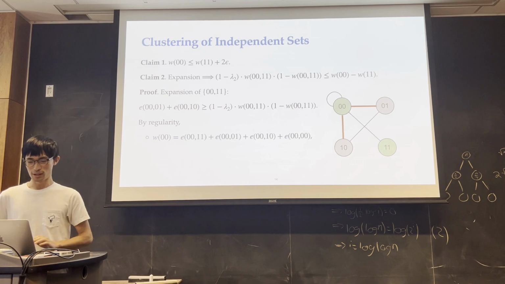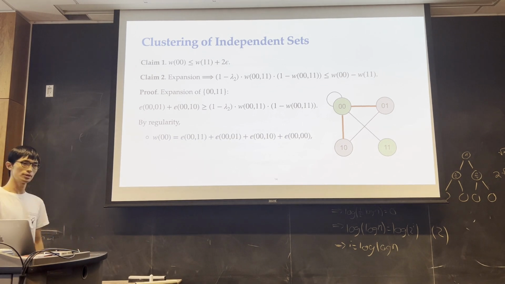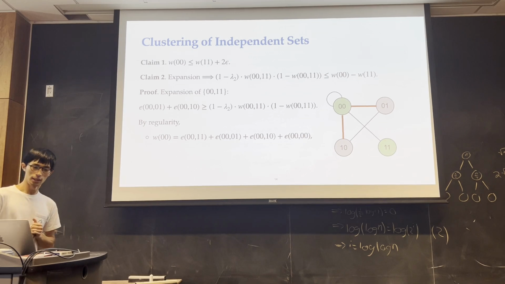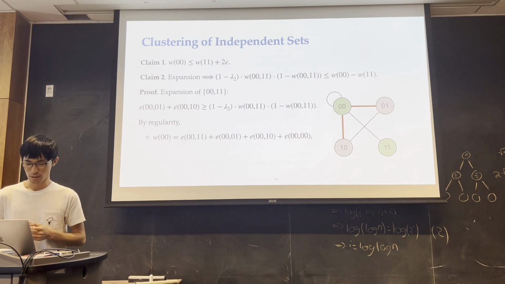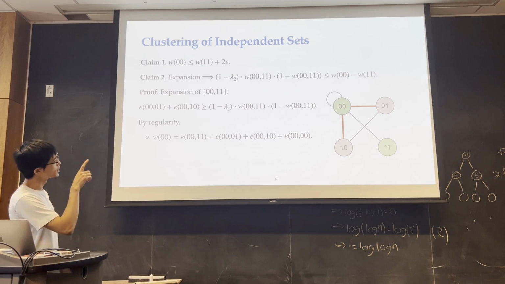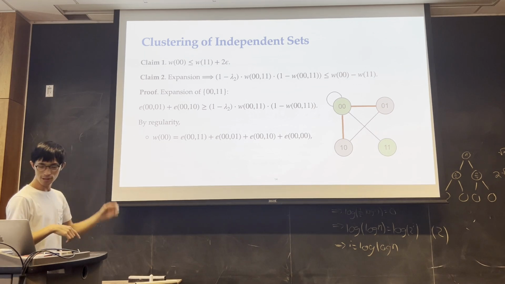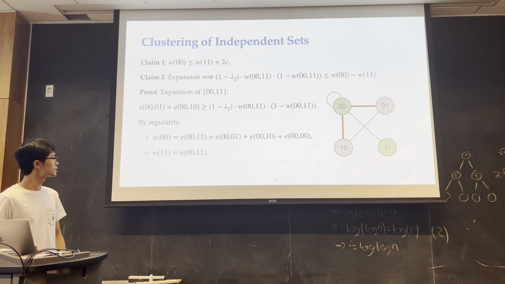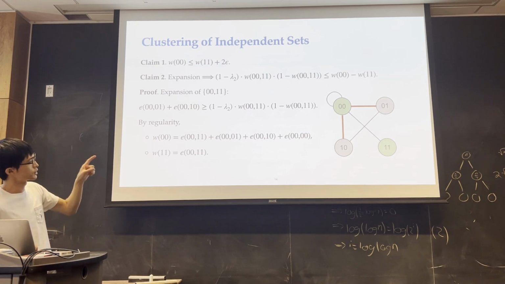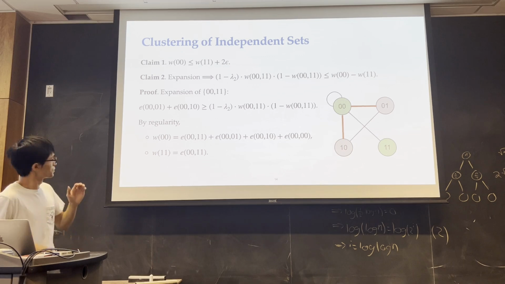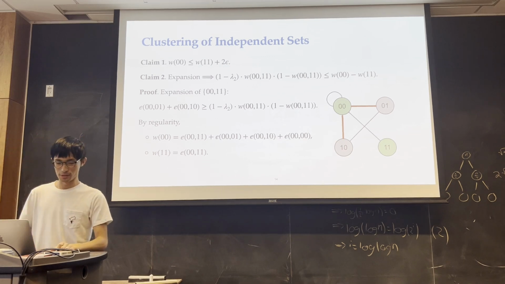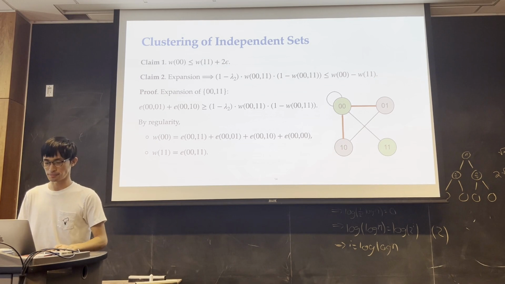In particular, the weight of any vertex set equals the weight of the incident edges of that set. Here 0, 0 has 4 incident edges, like this. 1, 1 only has the edges between 0, 0 and 1, 1. So when you subtract these together, you basically get that result. You're combining all these three inequalities.